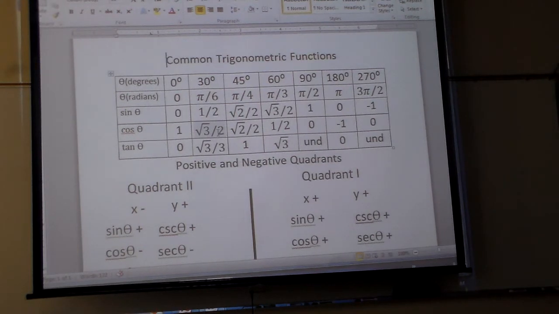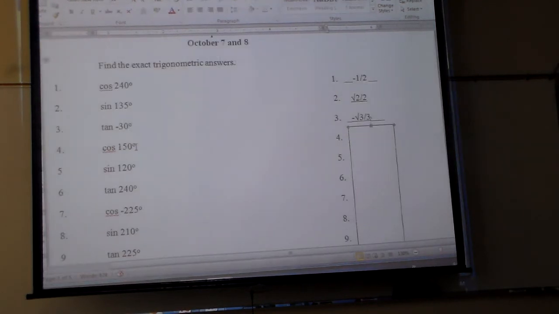And 150 degrees is in quadrant 2, where cosine is negative. So cosine would be negative square root of 3 over 2.